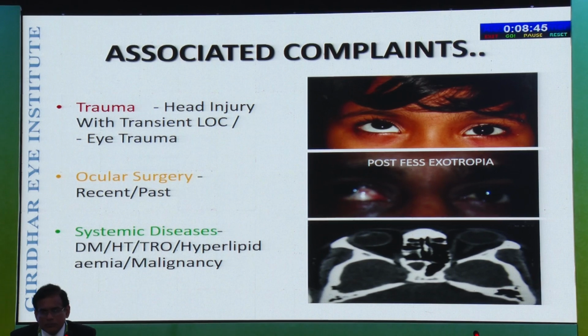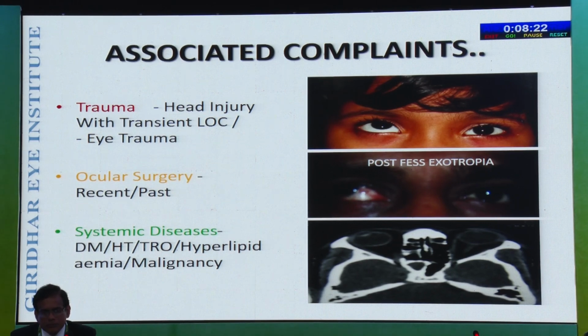Superior oblique palsies usually result from a trivial trauma like falling in the bathroom. And any history of ocular surgery, like even periocular injections infiltrating into the inferior rectus, can cause diplopia. And non-ocular surgeries, for example post-FESS exotropia.